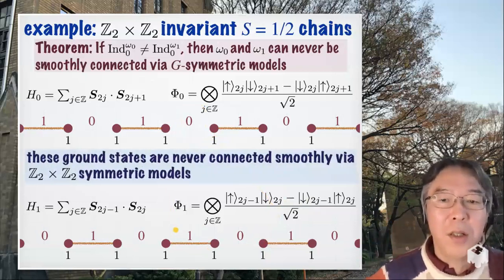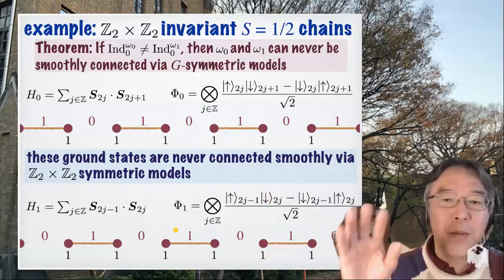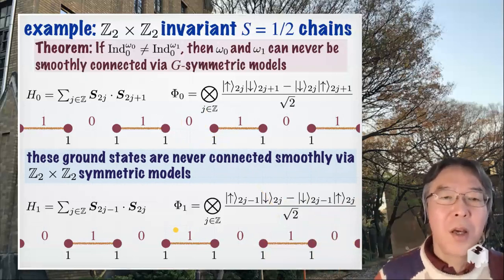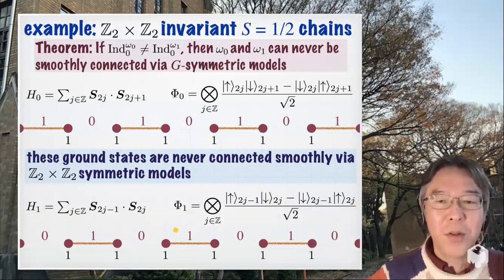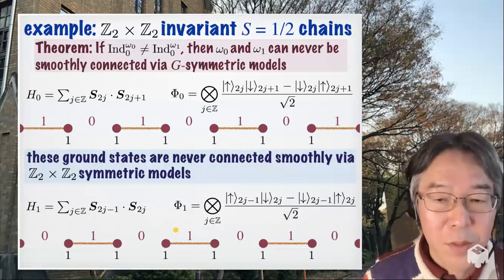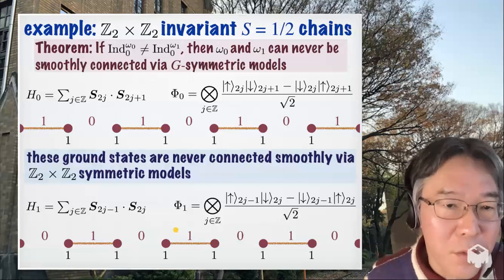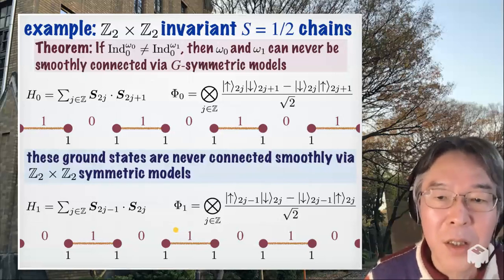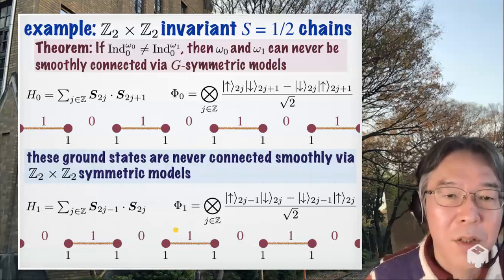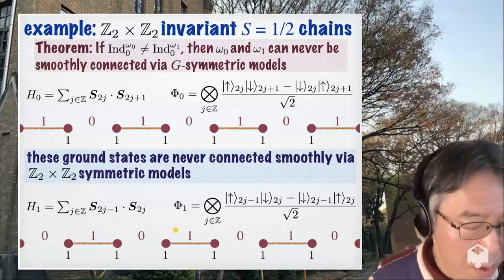So like in the AKLT case, the same Ogata's theorem tells you that you can never connect these two ground states. This is seemingly a trivial story, and the story about the AKLT looks more non-trivial. But anyway, after having this Ogata index and her theorem, these are just the same story.